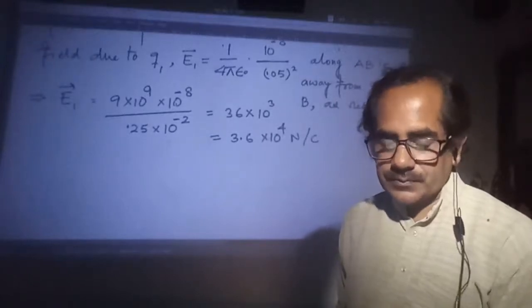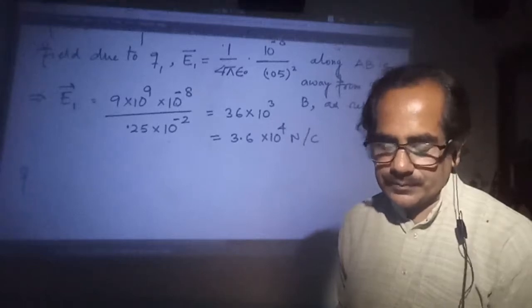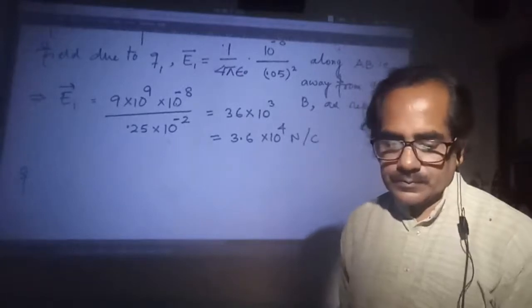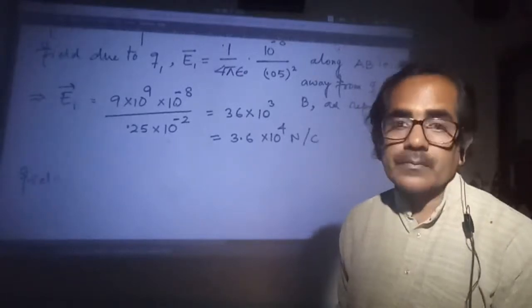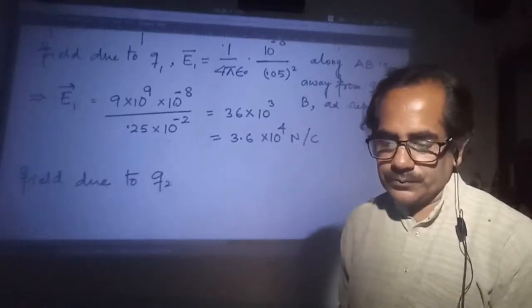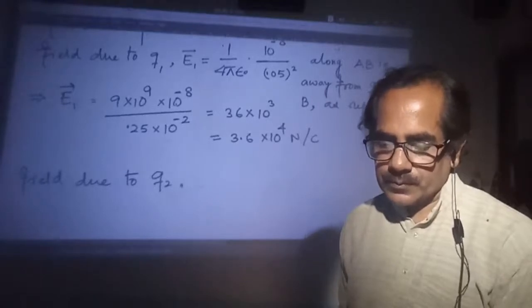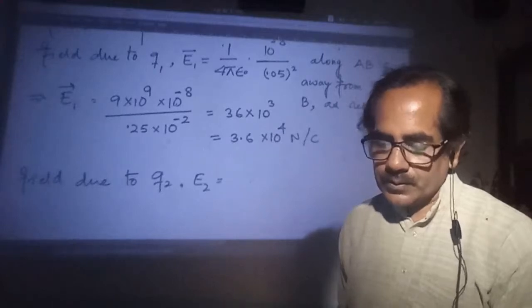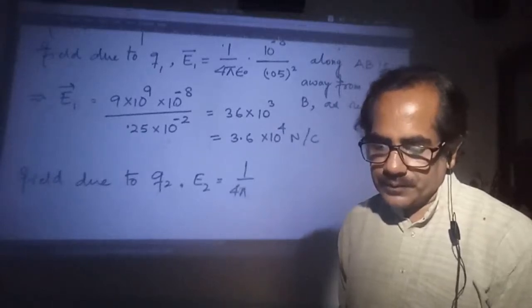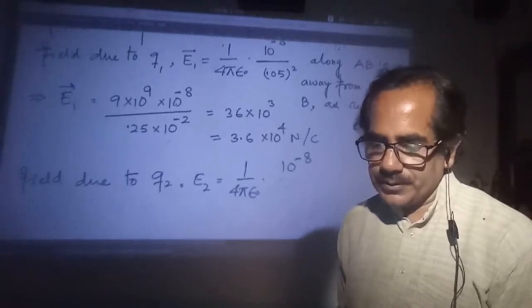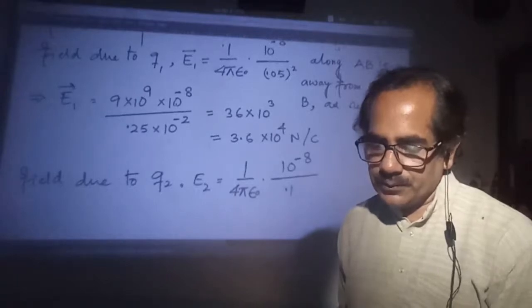Now again you will calculate field due to Q2, E2 equal to 1 upon 4 pi epsilon 0 into 10 to the power minus 8 upon 0.15 whole square.